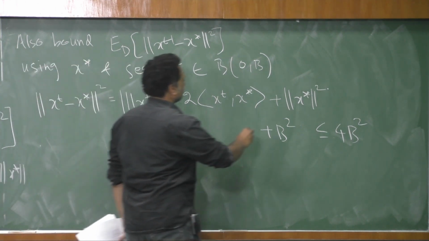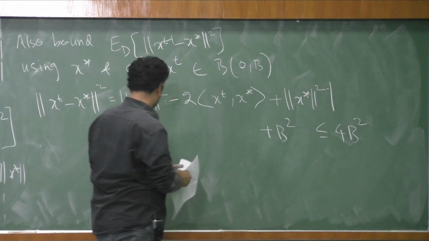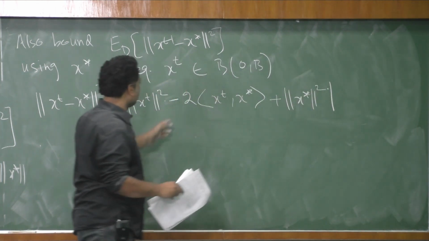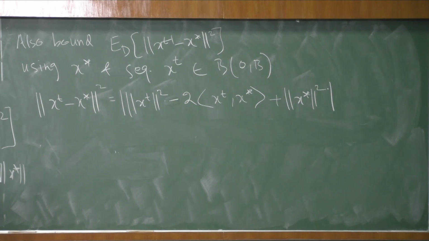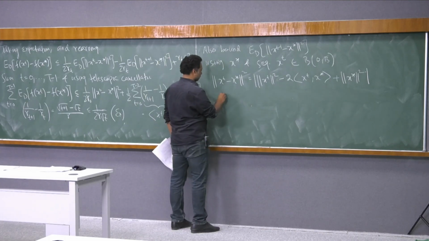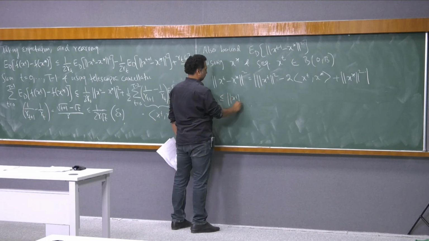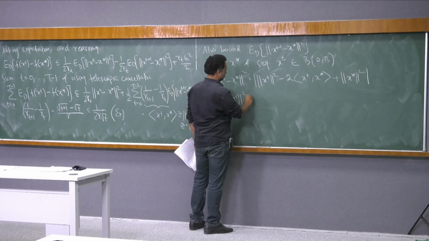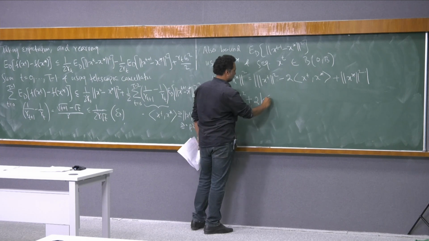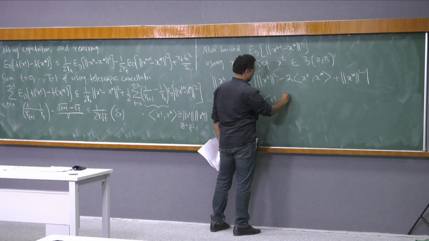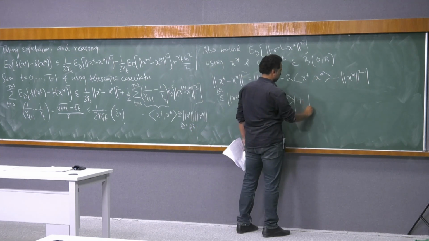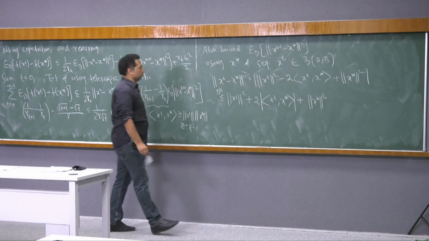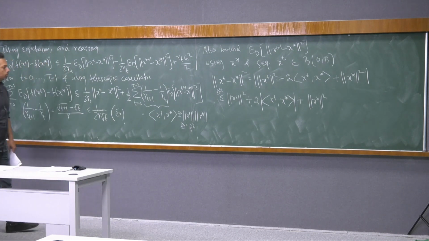Since this is a mod of this, mod of x plus y plus z is less than equal to mod x plus mod y, like that. That's the triangle inequality, right? So this is xt squared plus 2 mod xt x star plus the norm itself, don't have to put mod there. So this way it seems okay. I hope I'm not doing anything silly here.